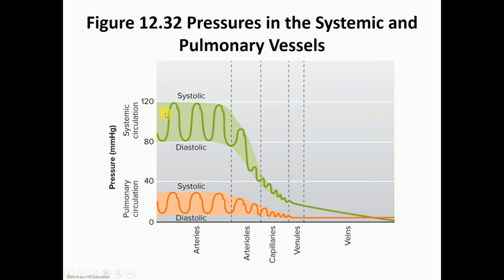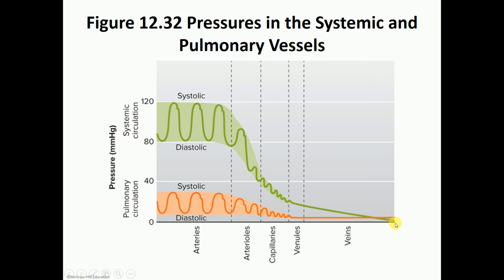And you can see that our systolic pressure is at about 120, and the diastolic is at about 80. And as you go from the arteries downstream, arterioles, capillaries, venules, and then down to the veins, you see how that pressure gradually decreases until we reach the veins. You can see that it almost reaches about zero.